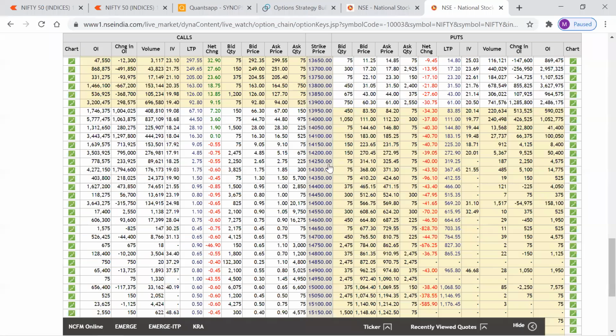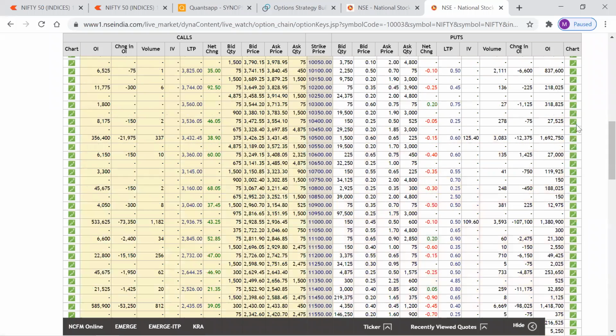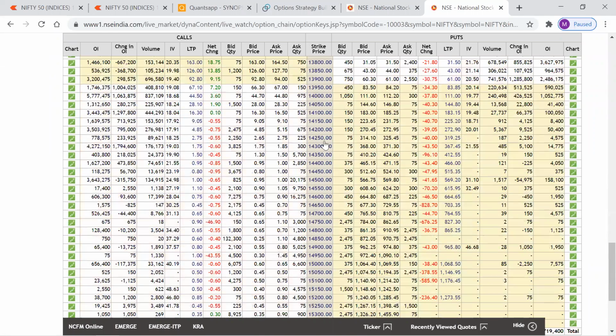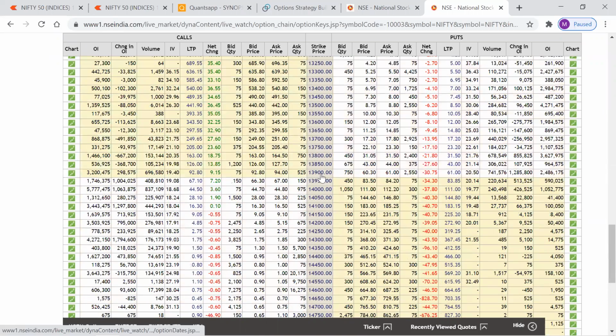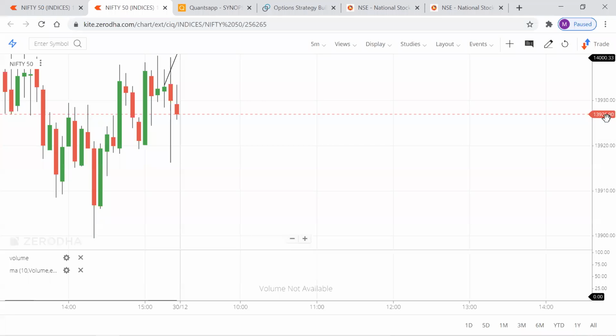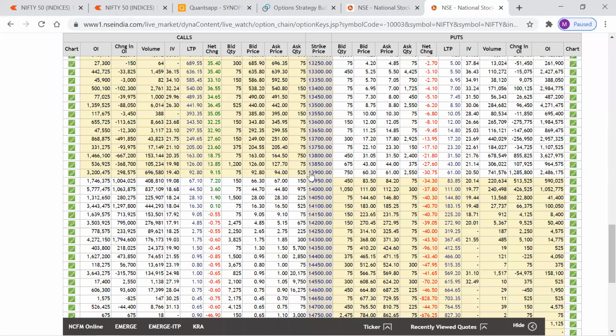Okay, let's look at Nifty options. Let's refresh. 13,900 is the nearest strike price for 13,926. So we can call this 13,900 the spot price.